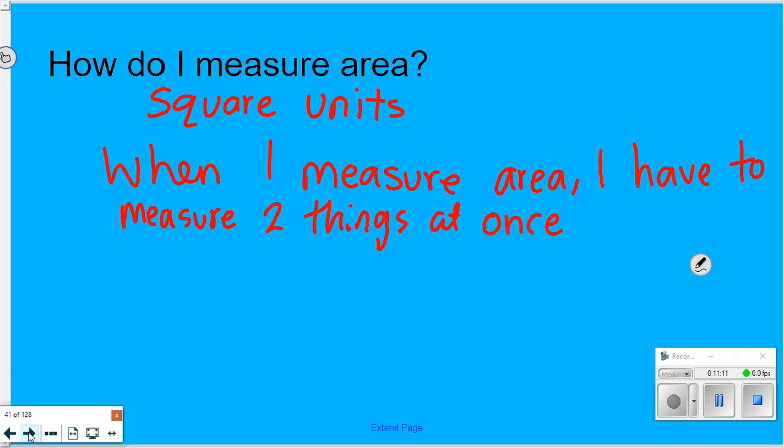That's way harder than what you measured in first grade. You might have just measured a length. That's way harder than what you did in second grade. You might have been using a ruler. Now we're doing two things at once.